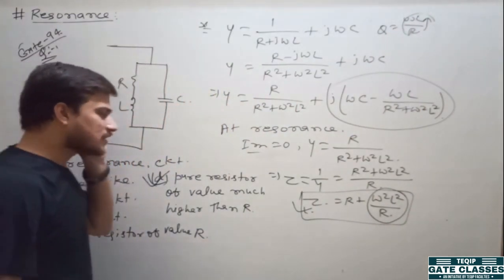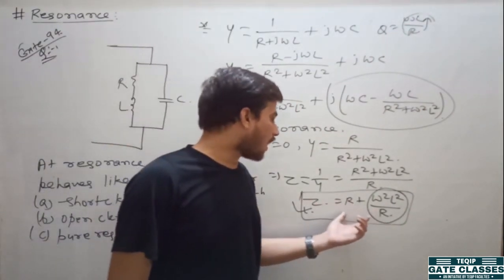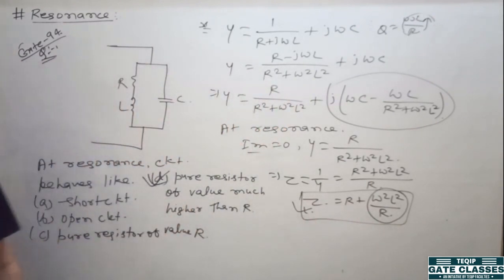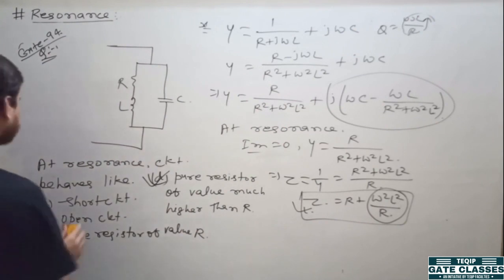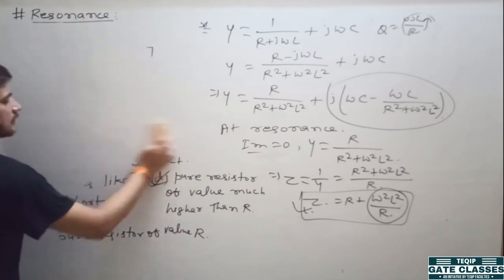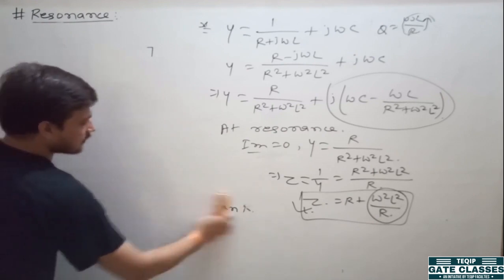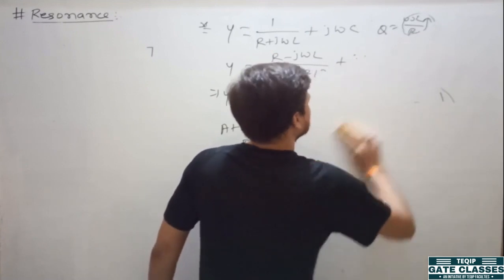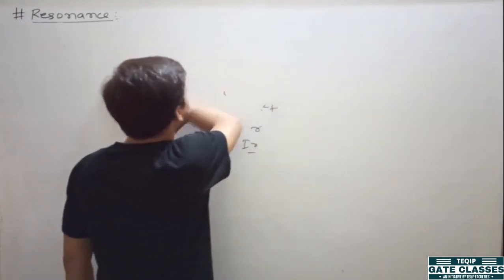So you will see the whole term will be much greater than R. That's why the fourth option is correct. Clear? These are very conceptual questions, and resonance itself is a conceptual topic.